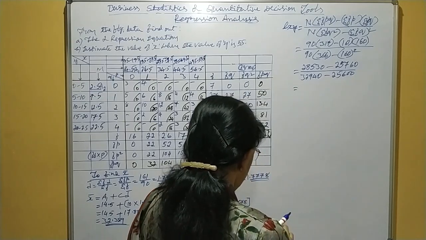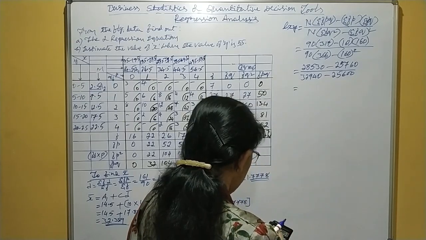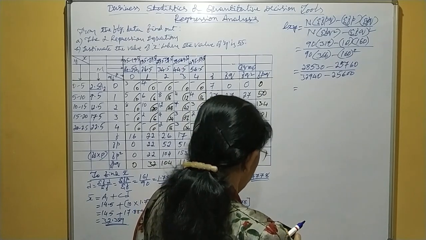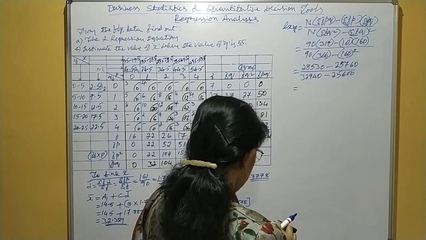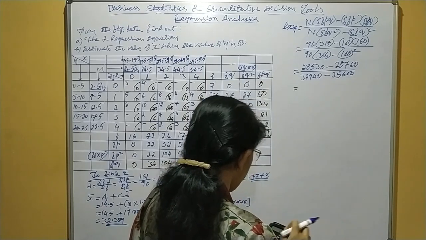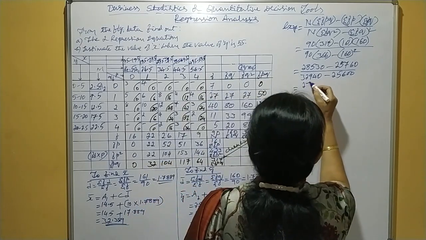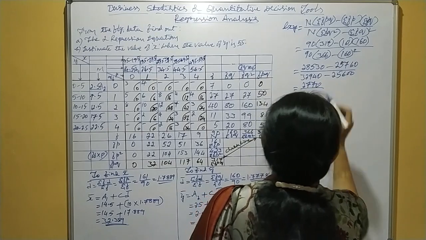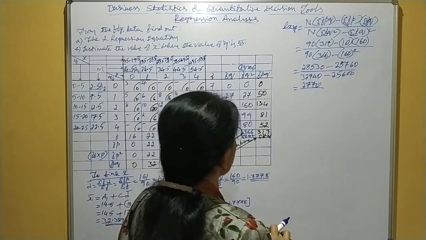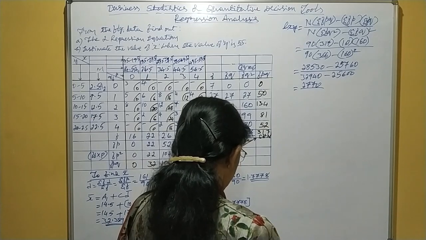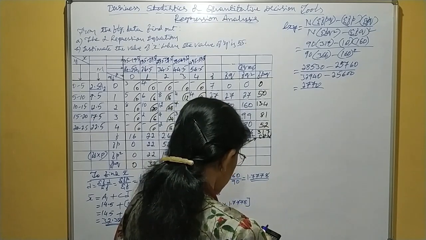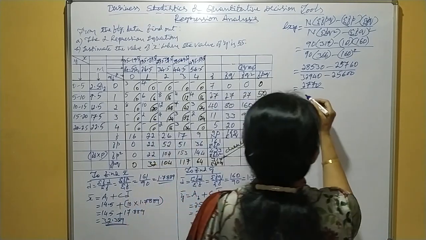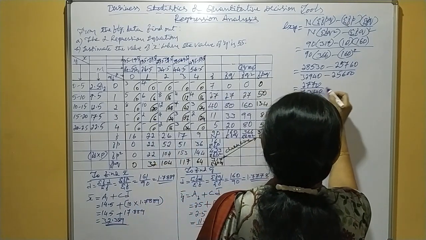Equals 28,530 minus 25,760, it is 2,770, divided by 32,940 minus 25,600, it is 7,340.